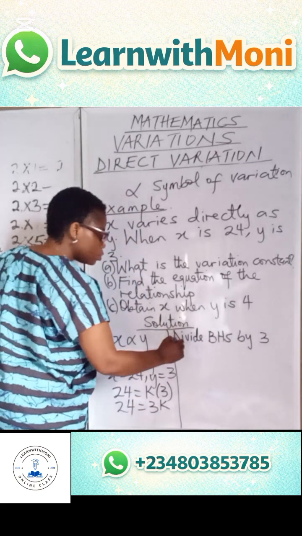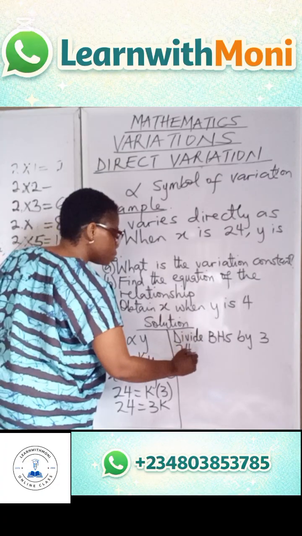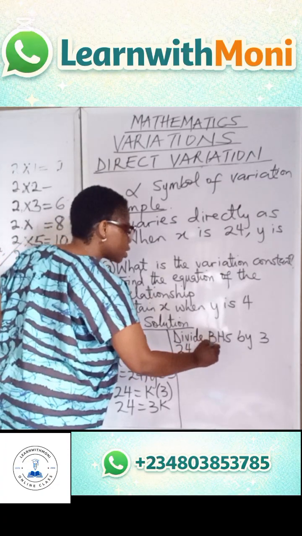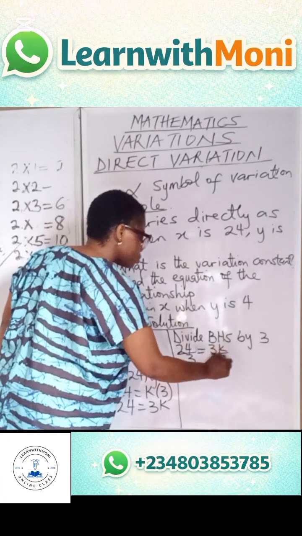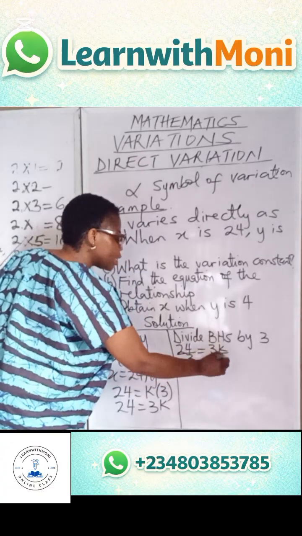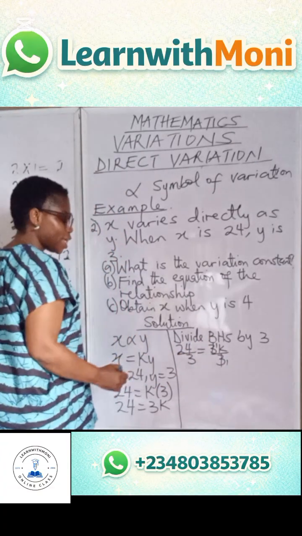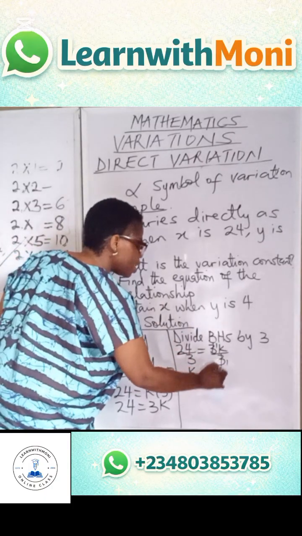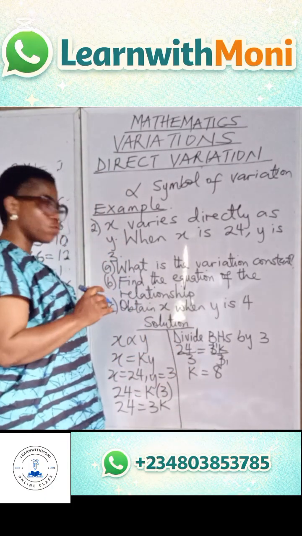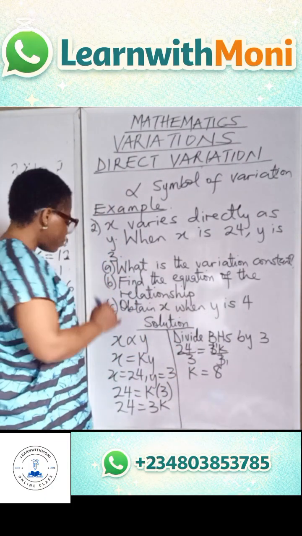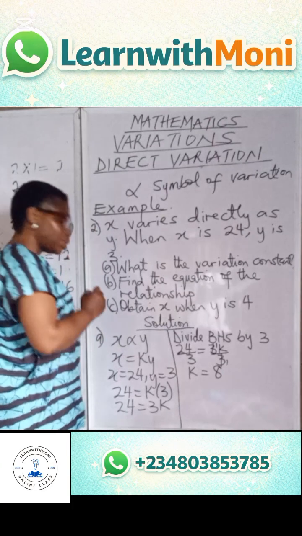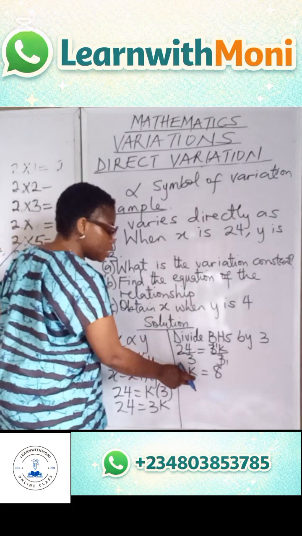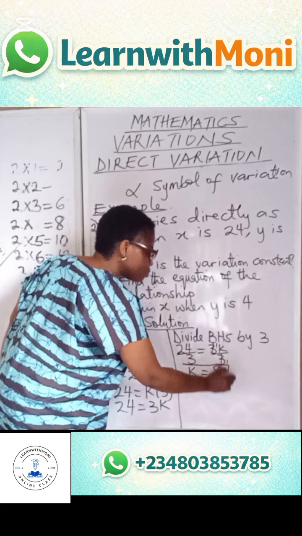So we have 24 divided by 3 equals 3k divided by 3. 3k divided by 3 is k, and 24 divided by 3 is 8. That means k is equal to 8. That is the first part of the question. We have gotten k as 8.